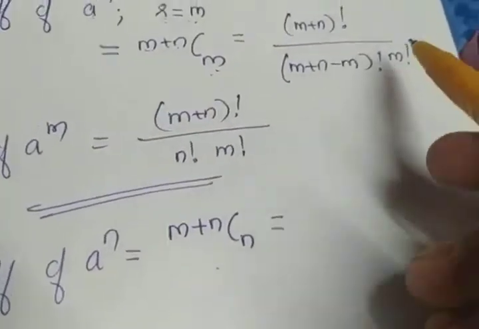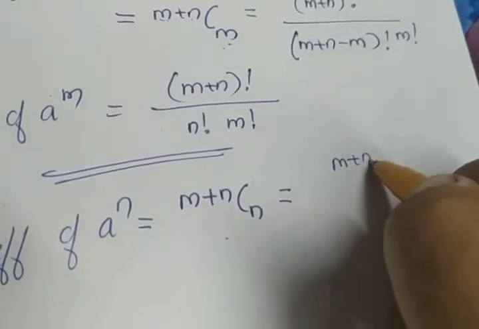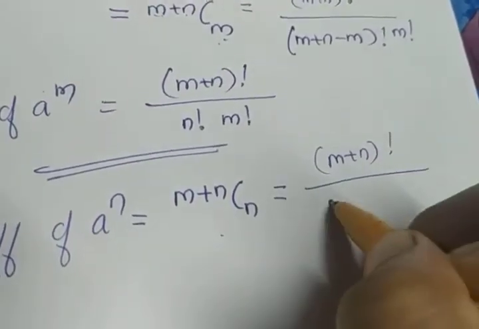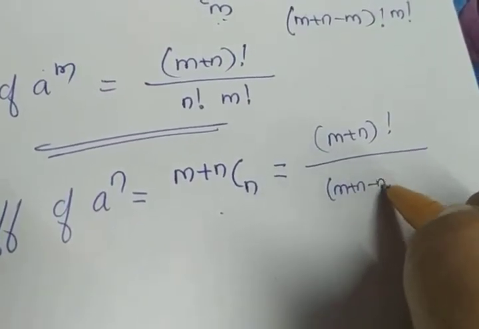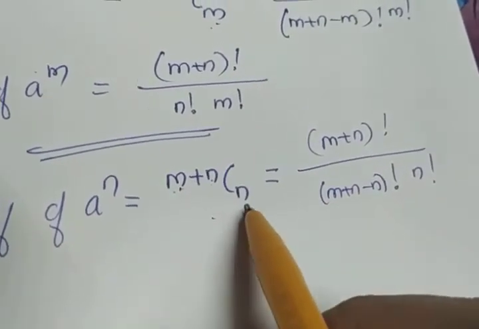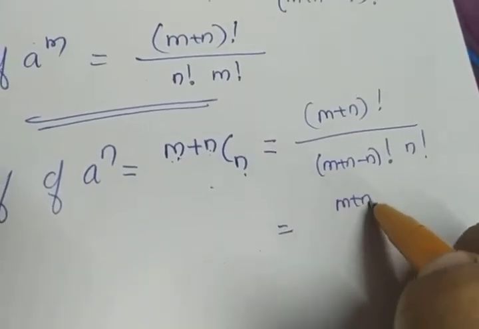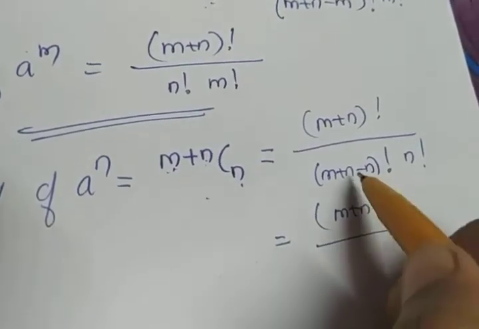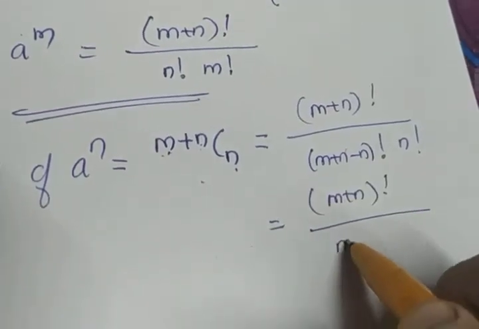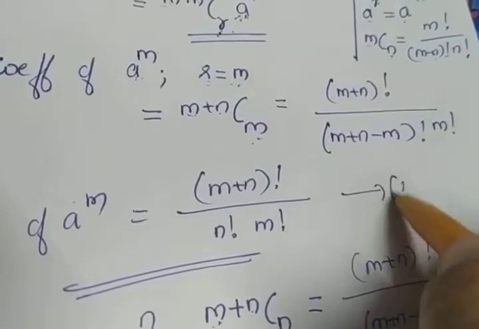Again we are going to apply the formula of combination, which is (m+n) factorial divided by (m + n - n) factorial into n factorial. That is equal to (m+n) factorial divided by m factorial into n factorial, since n and minus n get cancelled. So let us put this as 1 and this as 2.